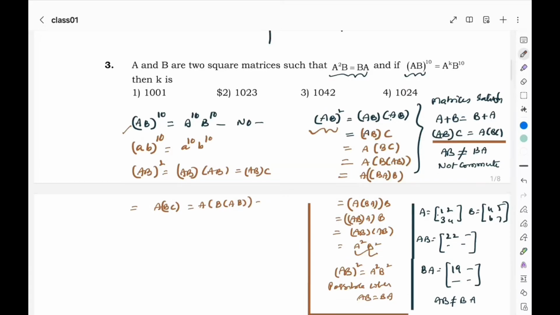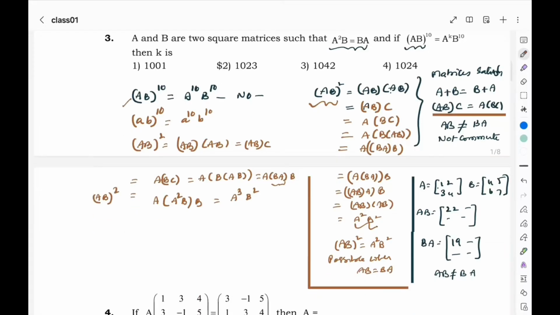So here it is A of BA of B. Now in place of BA, I use the given condition, which is given as A square B in the book, that question. This I can write as A cube, applying associative properties. So this is what AB whole square is.